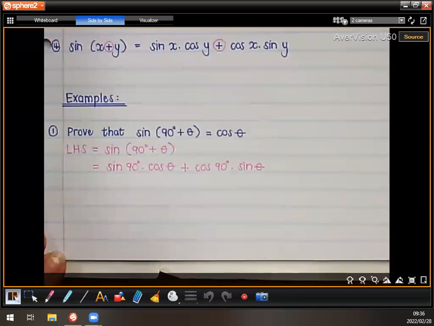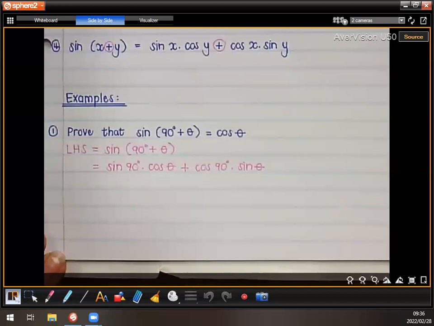So sine of 90 times cos of theta. If there's a plus in the brackets, there's going to be a plus in the expansion. So plus. Then we say cos of the first angle times sine of the second angle. So cos of 90 times sine of theta.